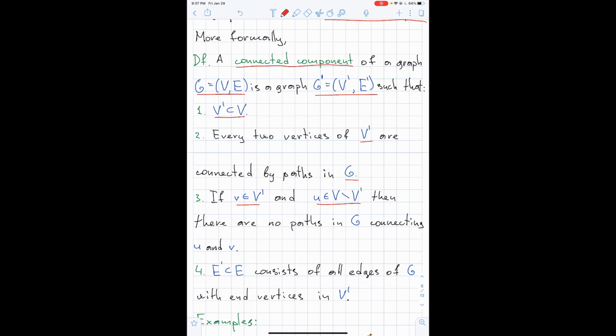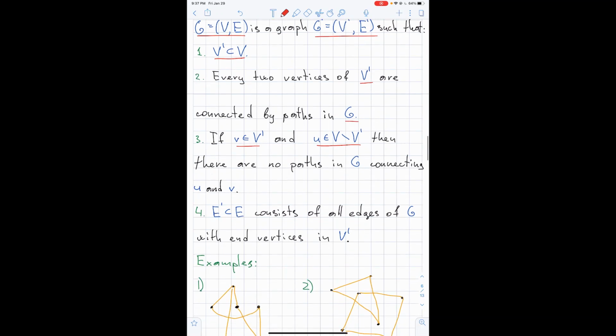So I cannot get from v to u by a path in G. And finally, so this was about the vertex set of this connected component, the condition on the edge set is that we simply take all the edges which have end vertices in V prime.